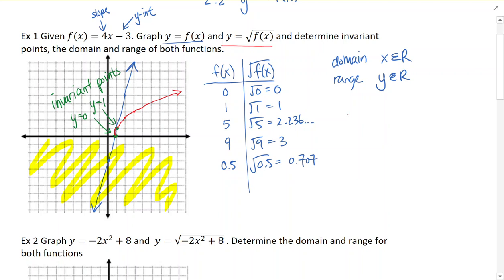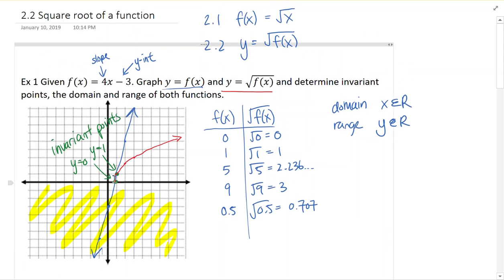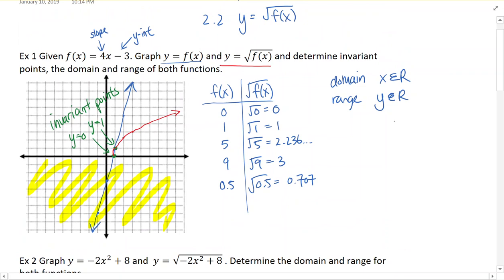The red graph, on the other hand, for the domain, well, the domain starts where that original graph has an x-intercept. So maybe we need to calculate that first. Remember, to find the x-intercept, that is basically when y equals 0. So let's put y equals 0 into that original function, 4x minus 3.